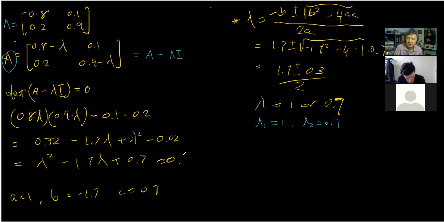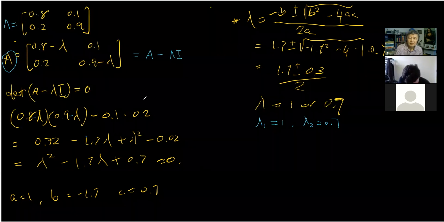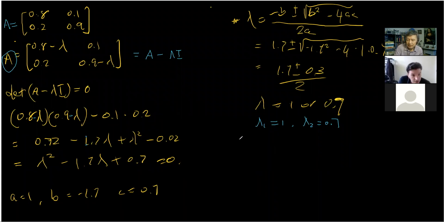I see. So into this equation. Can we just do it one by one? We make an assumption that the first eigenvector will equal to, say, x y.